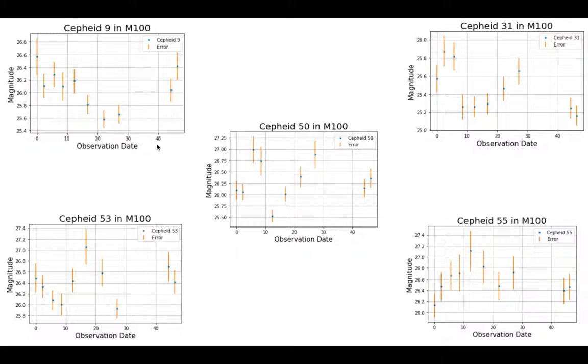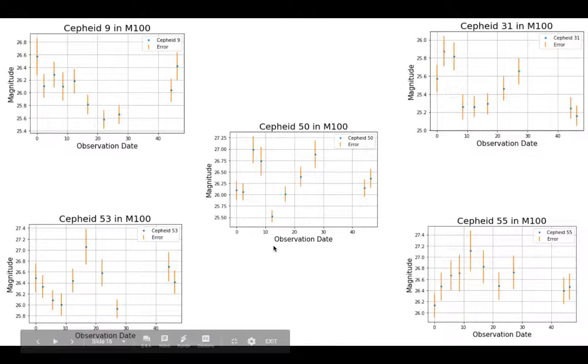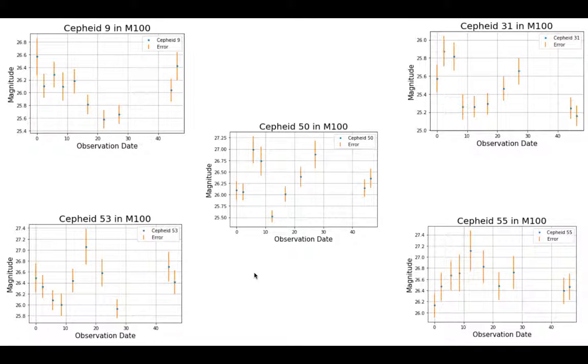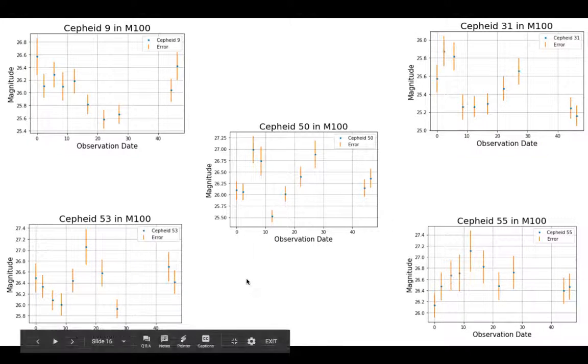So here we have the plots of our observation dates and magnitudes for 5 different Cepheids in M100. Here we have Cepheid 9 and Cepheid 53, 50, 31, and 55 down here.